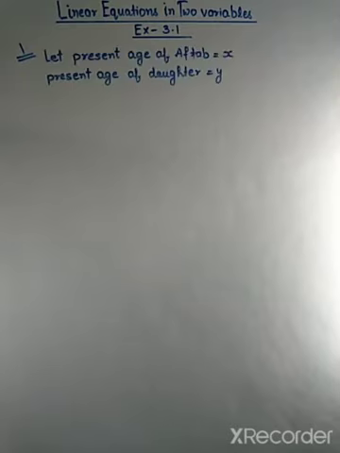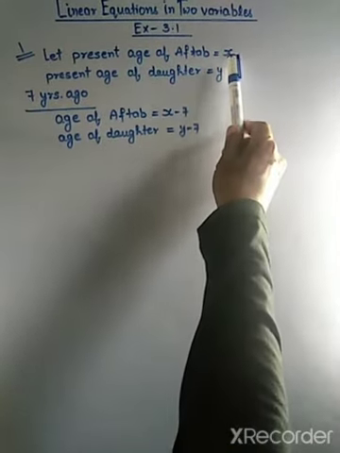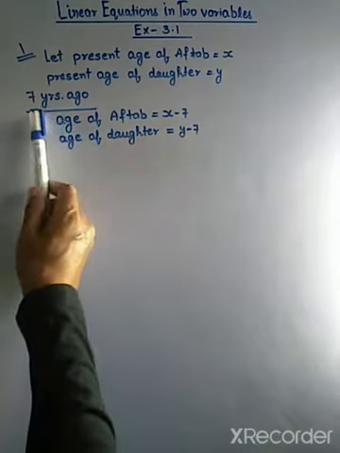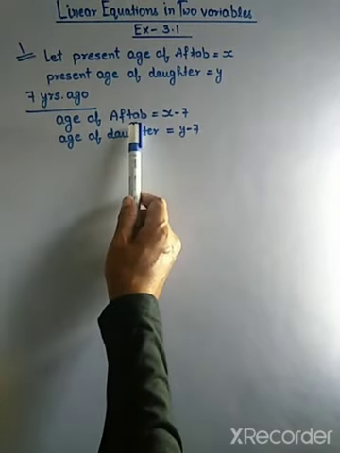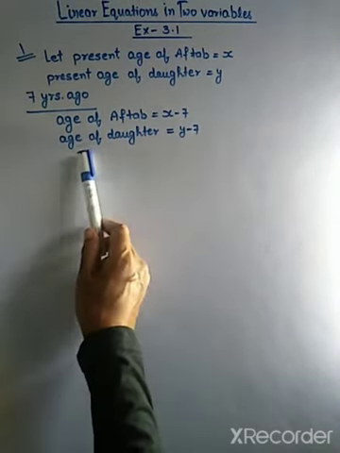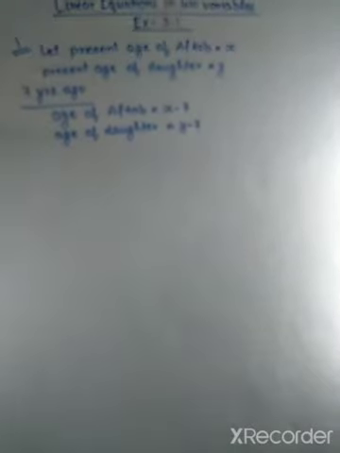So let the present age of Aftab equal x years and the present age of his daughter equal y years. Now the first condition is given: 7 years ago the age of Aftab was 7 times that of his daughter. If the present age of Aftab is x and of the daughter is y, then 7 years ago the age of Aftab was x minus 7 and the age of the daughter was y minus 7.